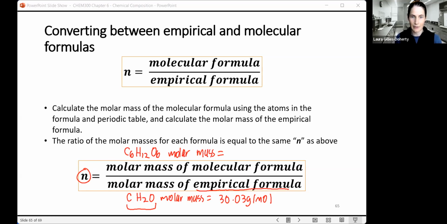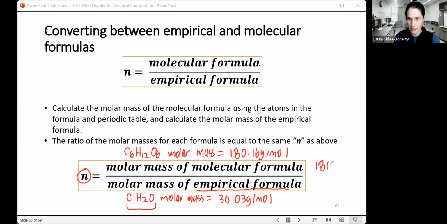So let's calculate the molar mass of glucose quick and check this out. So we have 12.01 times 6 plus 1.01 times 12 plus 16 times 6. And I get 180.16 grams per mole.